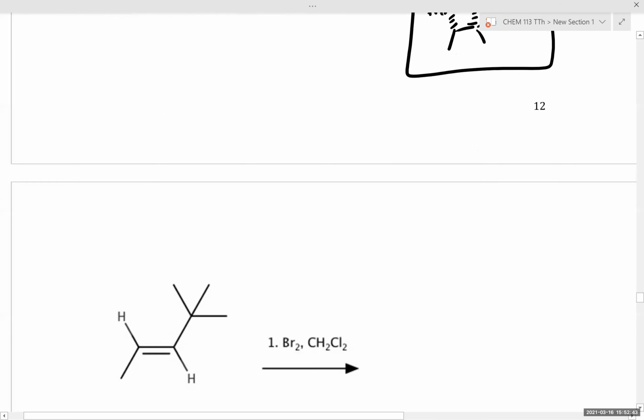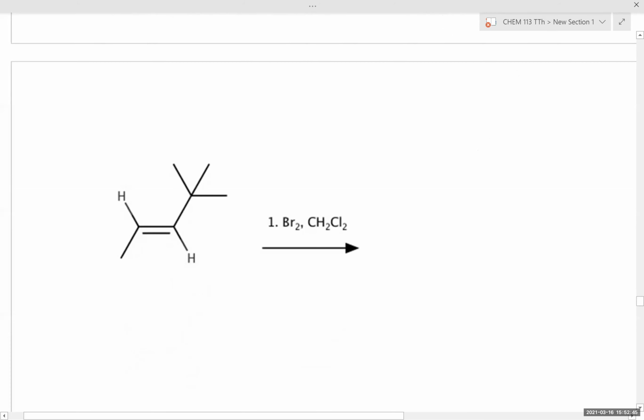Okay, so let's look at this next case. In this case, we're treating an alkene with bromine. So what does this do? It's dibromination, exactly right.